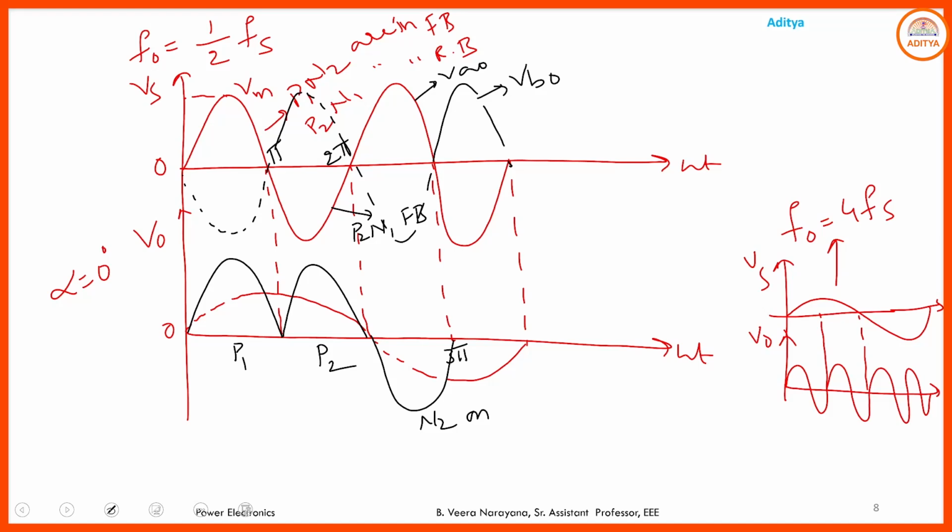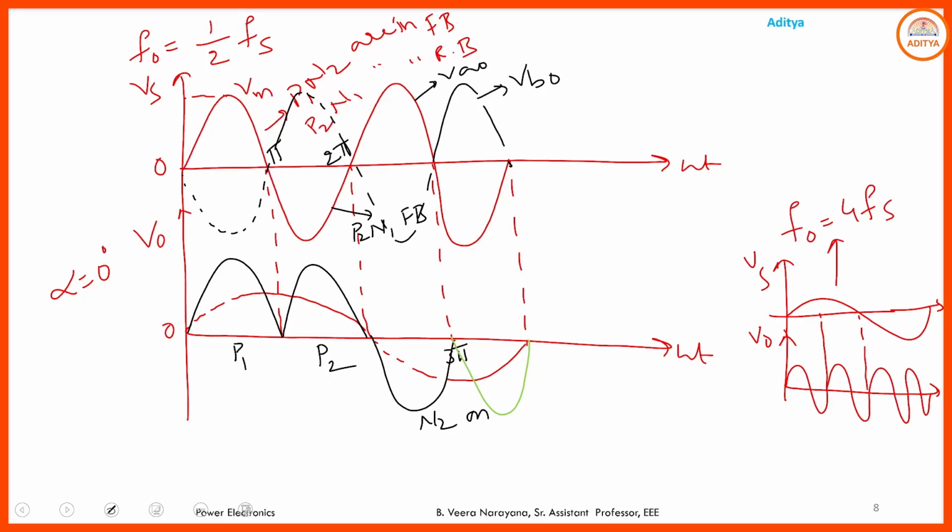And similarly from 3 pi to 4 pi, you have the negative source. Due to this negative voltage, P2 and N1 are in forward bias and I want to collect the negative output voltage here. So out of P2 and N1, the negative group SCR is N1, so you simply provide the gate pulse to N1 and you have the output voltage like this.